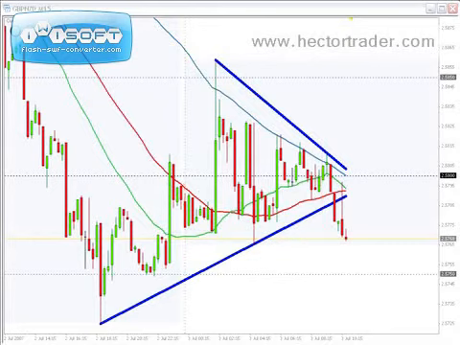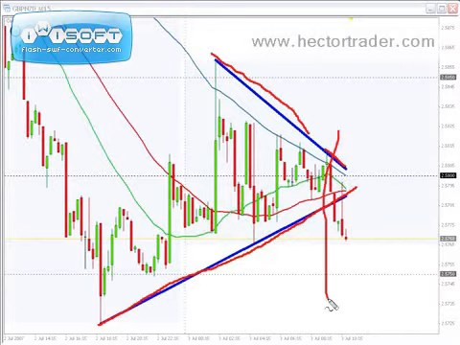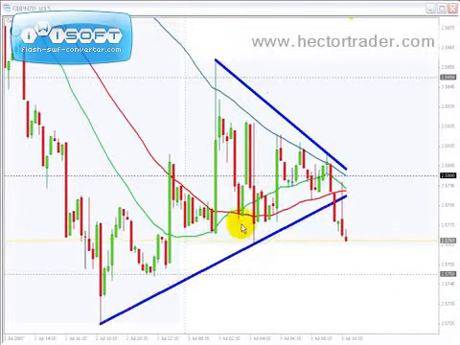So what I'm seeing is basically a triangle formation. That's London. This is the first hour of London, as the Euro market opened its doors.